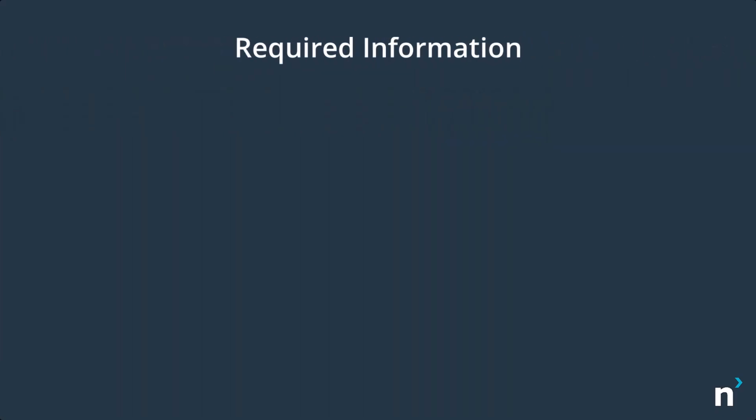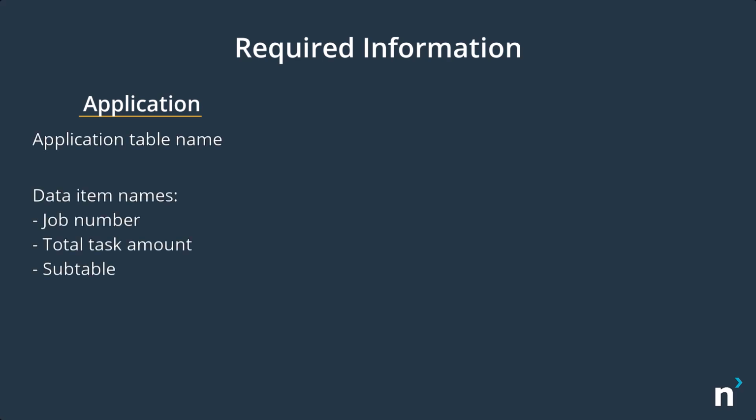There are a few pieces of information we need to build this logic block. From the customer invoice application, we need the name of the table the application is built on, the data item names for the job number, total task amount, and subtable fields. And from the subtable, the task description and cost fields.